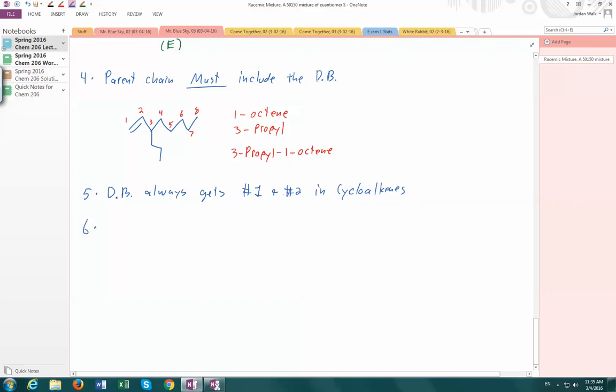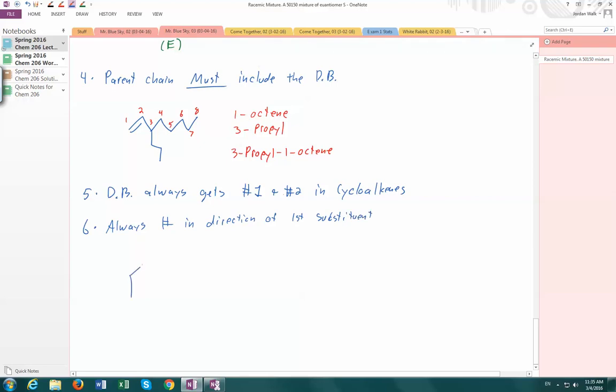And then the other rule we'll learn is that we always number in the direction of the first substituent. So we've sort of seen that rule already. All right, so we'll learn it through examples as we've been doing all along.